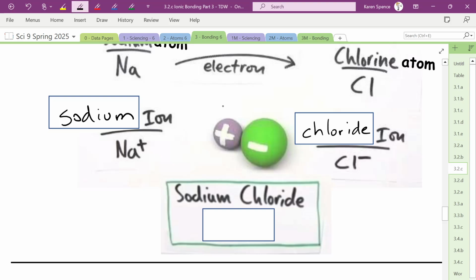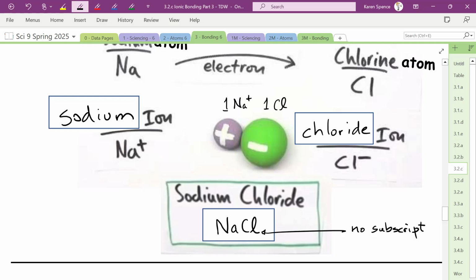Now, for every 1 sodium, there is 1 chloride. So what would the formula be for this compound? NaCl. Because remember, if there are no subscripts, what's a subscript?